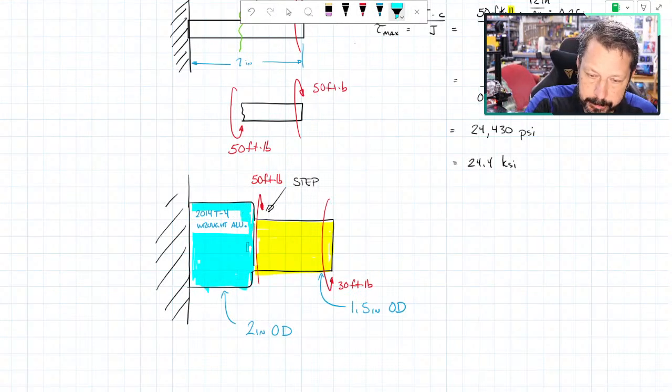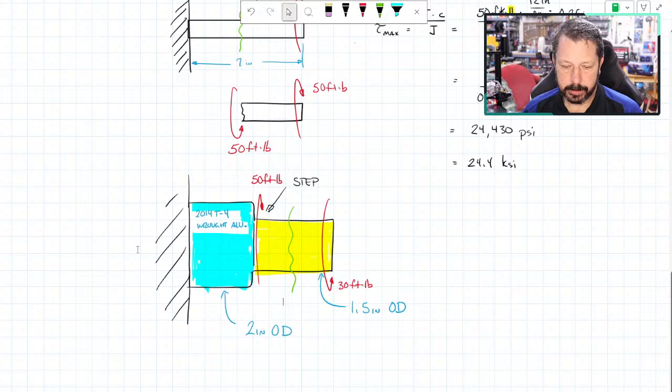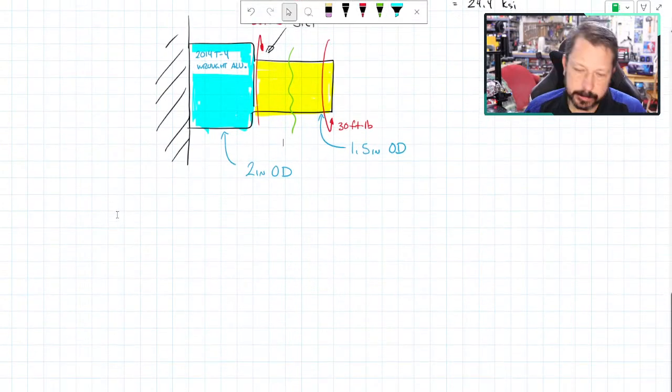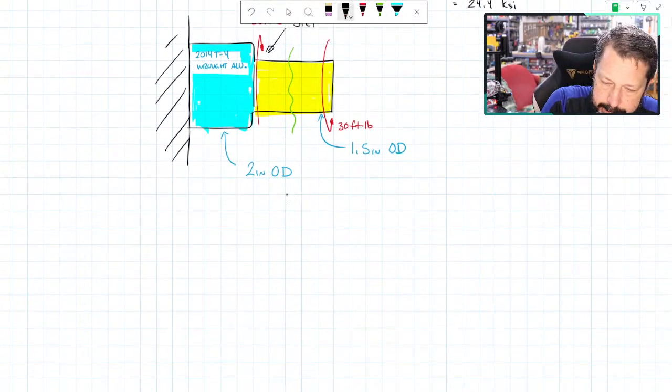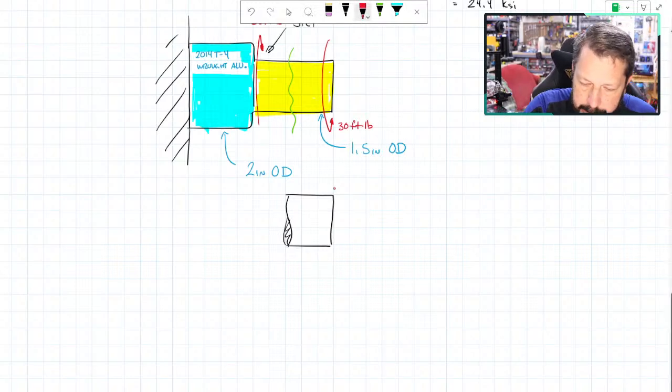All right. So let's look at the yellow section. I've drawn my little cut line there. Let's draw our free body diagram of that thing. This one had 30 foot-pounds here.